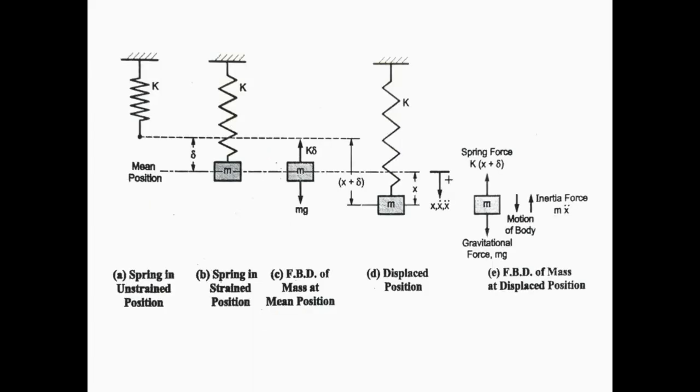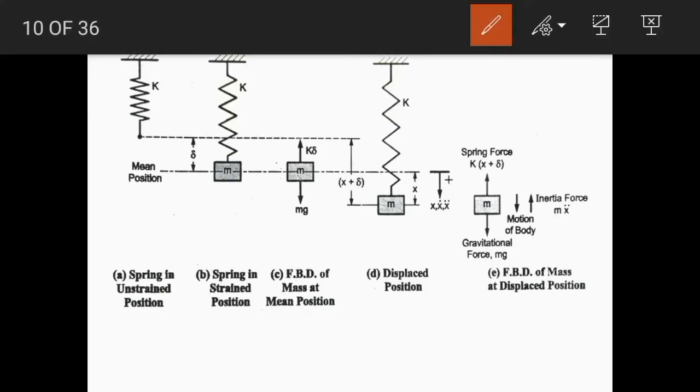Now the system is in static equilibrium in this position, right? Now let it be deflected by applying an external force in the downward direction. Under the action of that accelerating force, let it be deflected through a distance x at a particular instant of time. So here the spring is further extended through this much distance x.